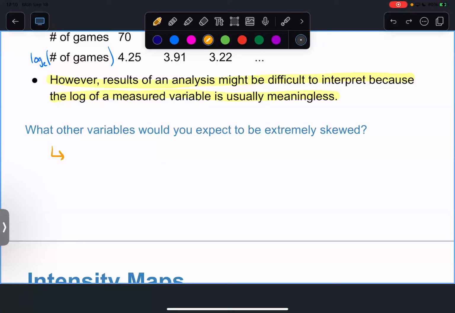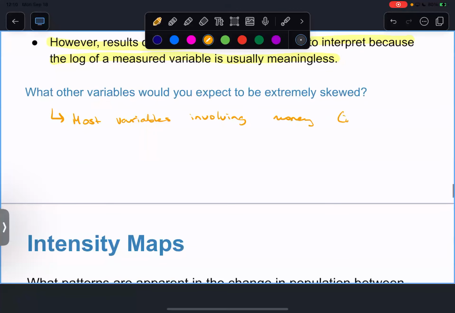I was going to say any, but I'm going to say most variables involving money. Things like income, sales, that kind of thing. You get the idea. Money.